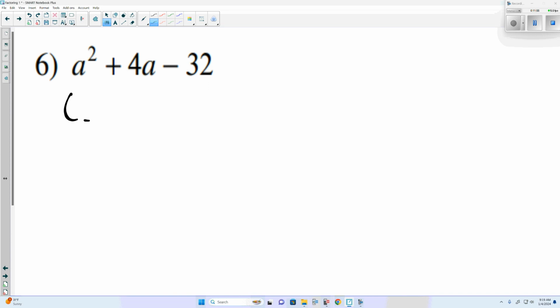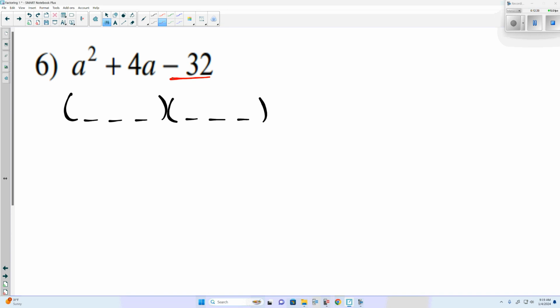So we can move on to step 2. Our 2 sets of parentheses with 3 spaces. Our next step is to find the signs. If the third term is positive, the signs are the same and match the sign of the middle term.